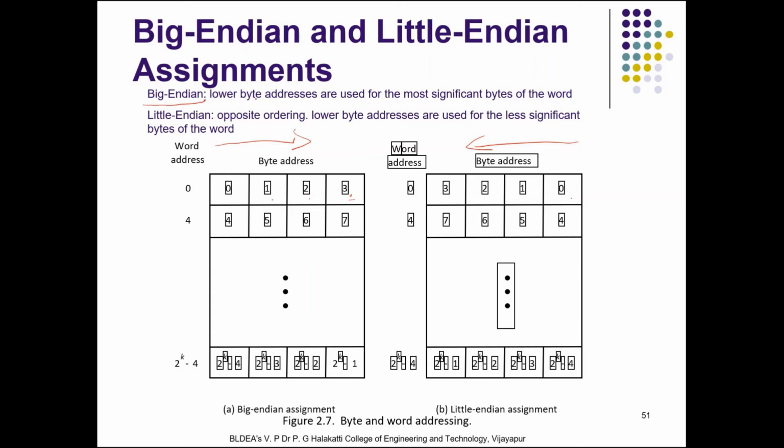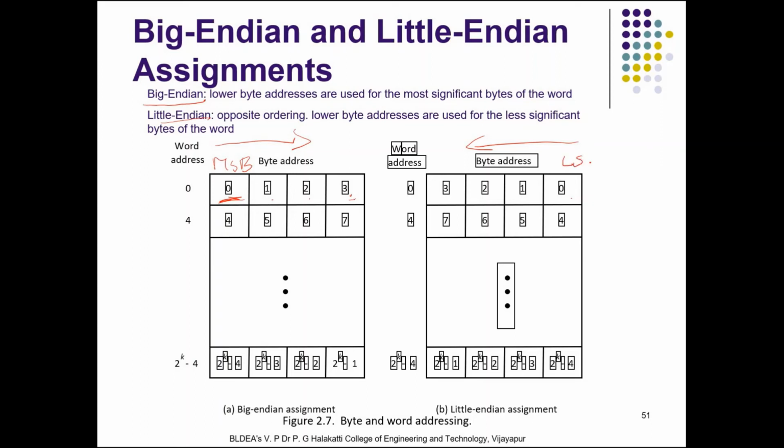In big endian, lower byte addresses are used for the most significant bytes of the word. That is, for the MSB, I give the lower byte address; I start from left to right. In little endian, which is the second type of assignment, the ordering is opposite: lower byte addresses are used for the less significant bytes of the word.